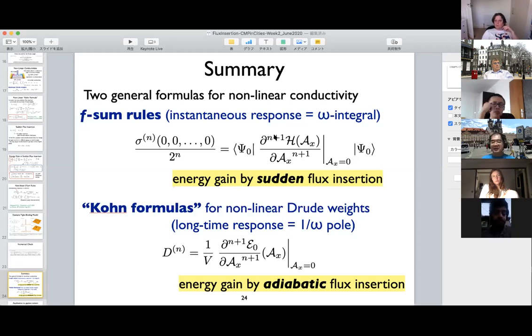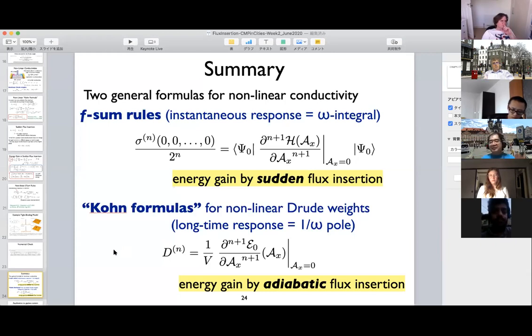And this difference actually comes from the very different physical processes we are considering. The F-sum rule corresponds to the instantaneous response. So I just do the sudden insertion of the flux. As a consequence of this sudden approximation, which becomes exact, I have this formula. First take the derivative of the Hamiltonian, then take the expectation value. But the Kohn formula corresponds to the very long-term time response. So you do the adiabatic insertion.